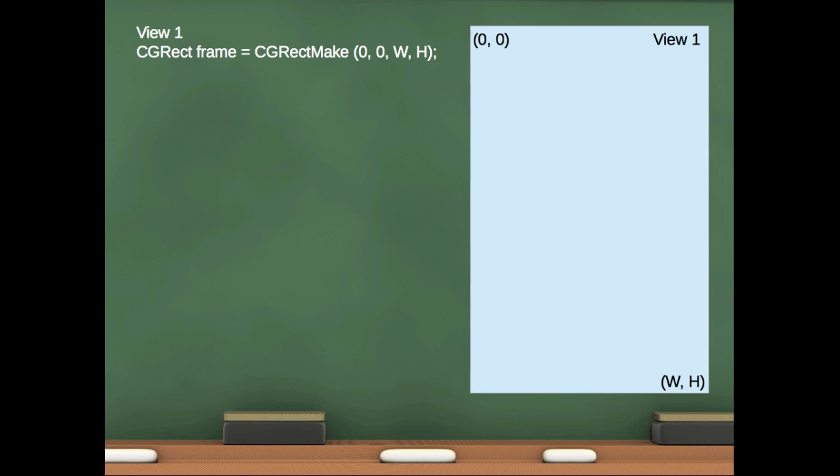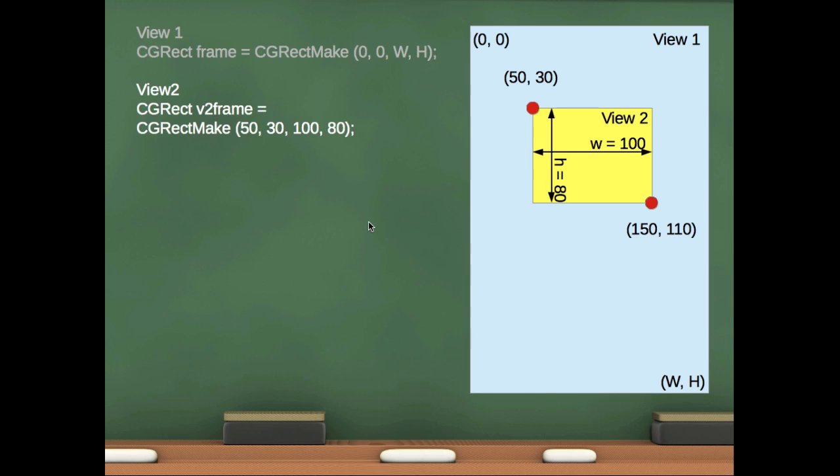And we're going to talk about some of these primitives after we talk about frames and bounds. But for just now, assume that we have a function called CGRectMake that takes x, y, width, and height. So this view's frame is made by declaring a CGRect called frame and then calling CGRectMake with 0, 0 and width and height. We're assuming that this is View1, the whole screen.